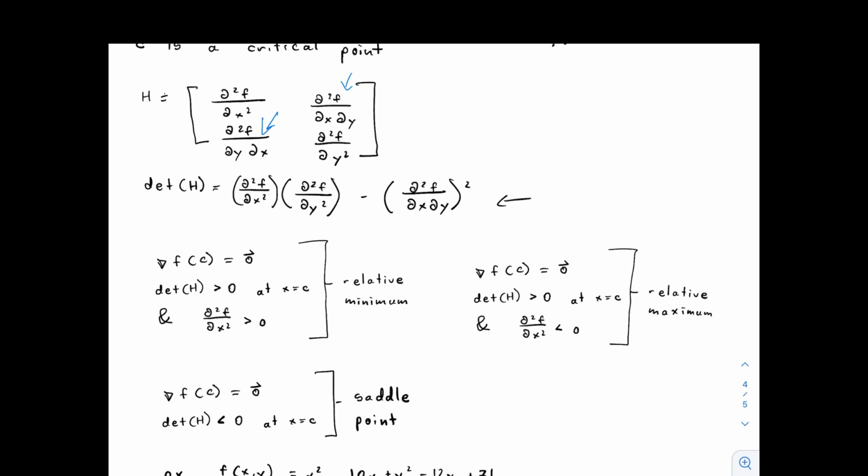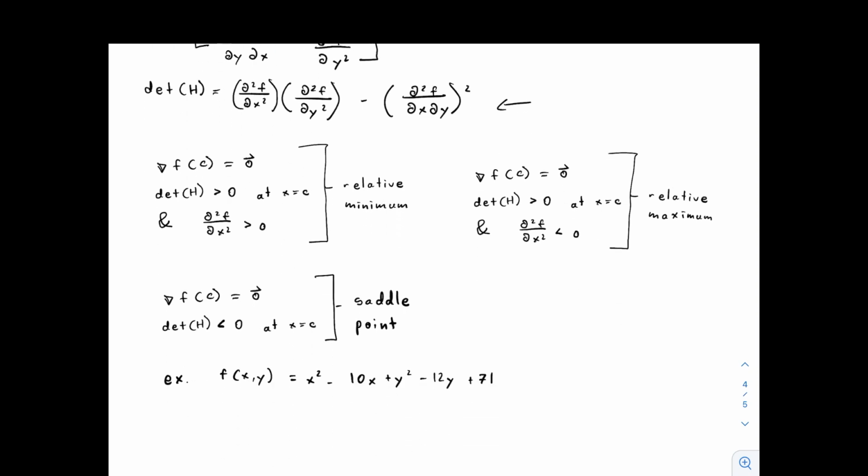If we're at a critical point, our determinant is greater than 0, and our second order partial with respect to x twice is less than 0, we have a relative maximum. And if we're at a critical point, but the determinant of our Hessian is negative, then we're at a saddle point. So let's discuss these cases.